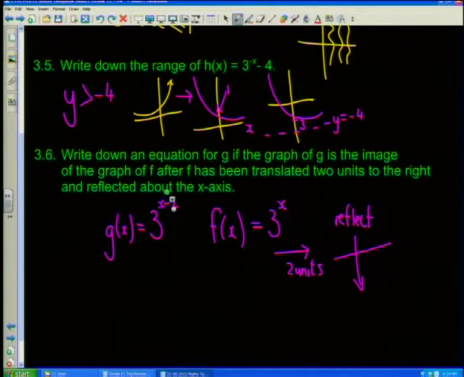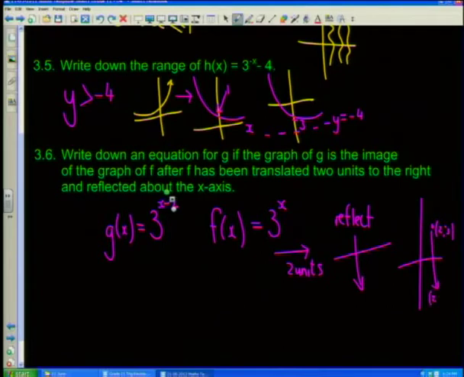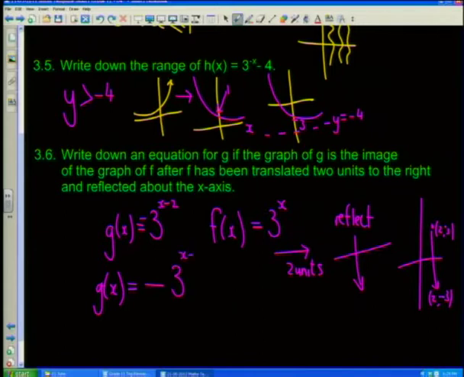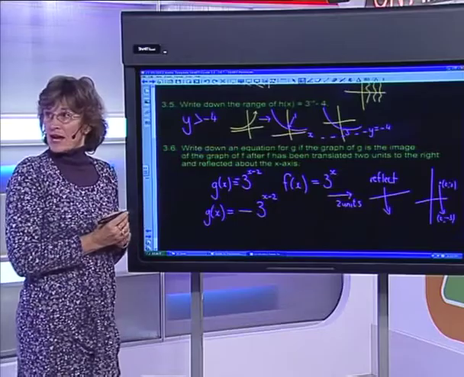If you reflect something across the x-axis, what happens to a point? Let's say the point (2, 3). It becomes (2, minus 3). So the y value becomes negative, which means I have to put a negative in front. So g of x is the negative of 3 to the x minus 2. Okay, we're done.